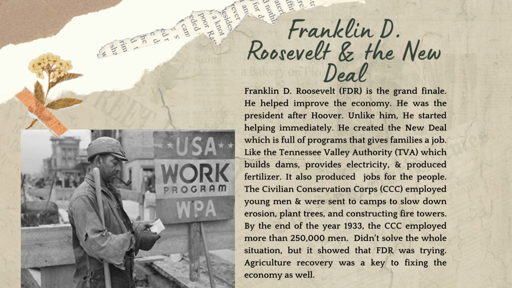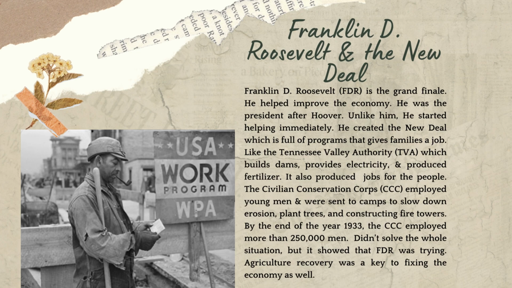The Civilian Conservation Corps, or the CCC, employed young men who were sent to camps to slow down erosion, plant trees, and construct fire towers. By the end of the year 1933, the CCC employed more than 250,000 men. It didn't solve the whole situation, but it showed that FDR was trying.